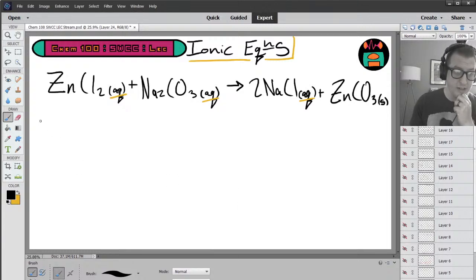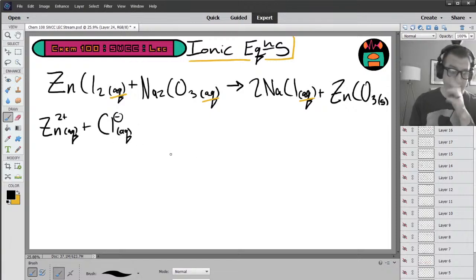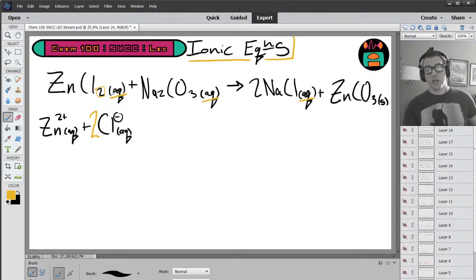So zinc chloride is one free-floating zinc cation floating alongside two chloride anions. You have to remember, when you have more than one anion or cation in your molecule, when you write them separated, you have to include the number of anions present. So we have two chlorides in zinc chloride. When we write them as free-floating ions, we have to write two chloride anions.